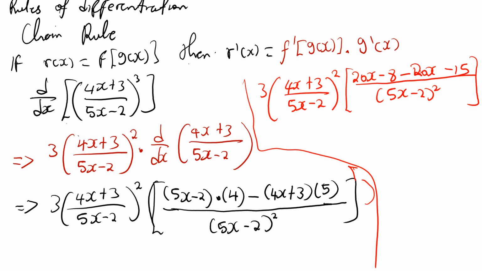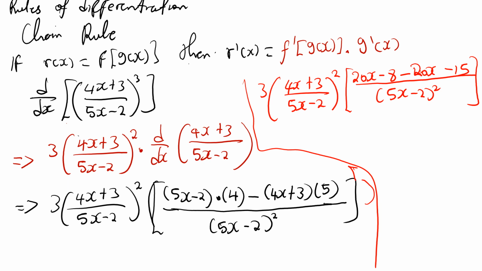So now is the matter of adding and subtracting our like terms. So if you can check, we have 20x minus 20x is going to give us 0. Then we'll be having minus 8 minus 15, that is going to give us minus 23. So we can take that minus 23 and multiply it with the 3 that we're having outside, to give us minus 69.